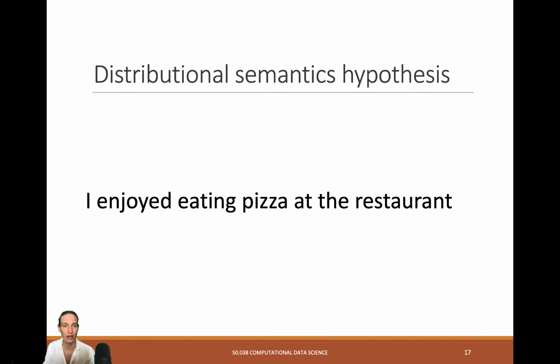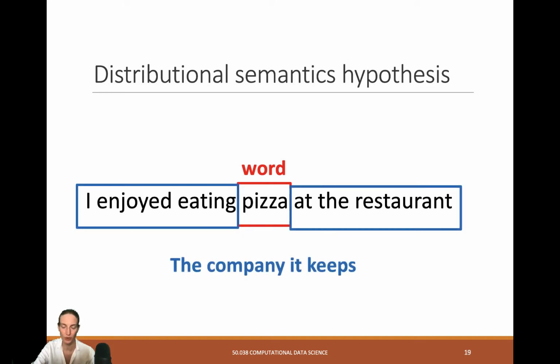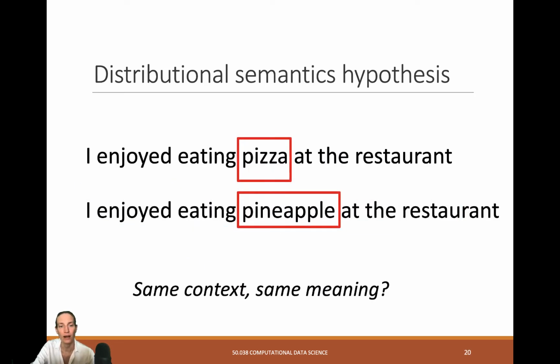Here's an example. I enjoyed eating pizza at the restaurant. Let's look at a word that we're trying to represent, pizza. The company it keeps, or the context, would be all the surrounding words, typically with a window length. I enjoyed eating pineapple at the restaurant. Does it have the same meaning? It doesn't have the same meaning. However, because it appears in exactly the same context, it actually has some similar properties.